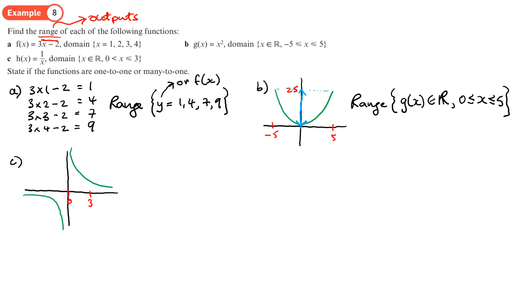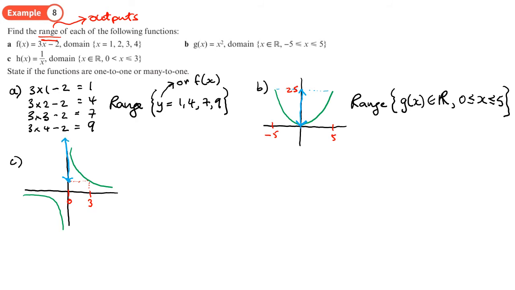And we want to work out what the output numbers are. So it's greater than 0. So we basically need to work out from here. So actually the range, well, the bottom part of the range, that's the lowest value down here, and it actually goes up forever, doesn't it?